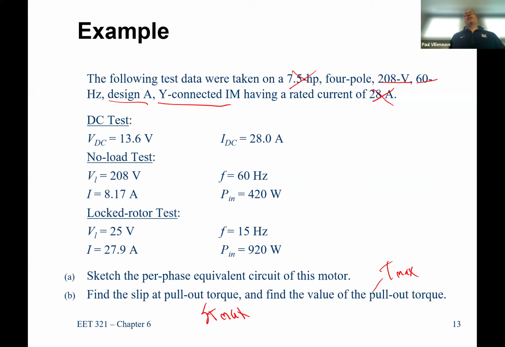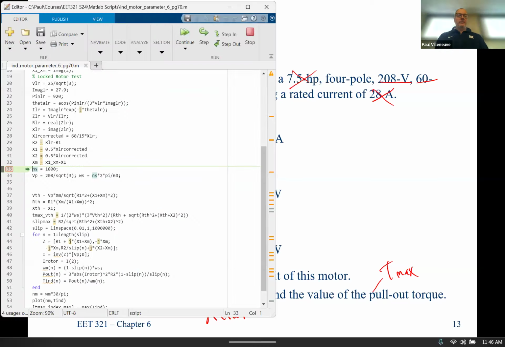So we were just calculating there. I did it over here because I can't remember those equations. I'm glad nobody asked me to remember it. I just pulled it out over here. I solved for V Thevenin, R Thevenin, X Thevenin, and I can solve for this in any order. I can do the slip first, or I can do the torque. Doesn't matter. Either one of these is fine.